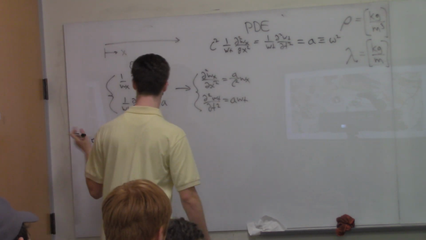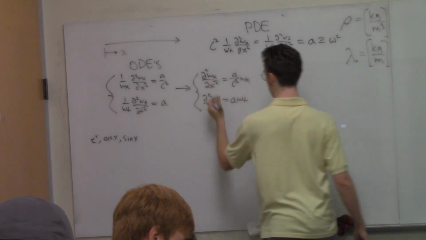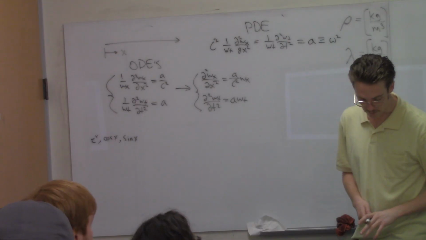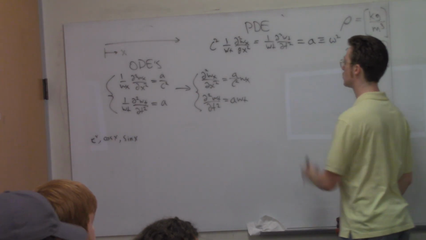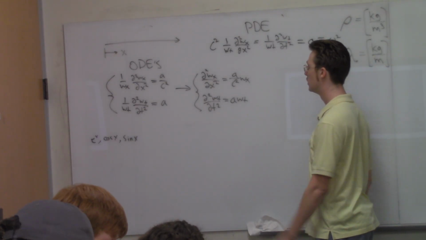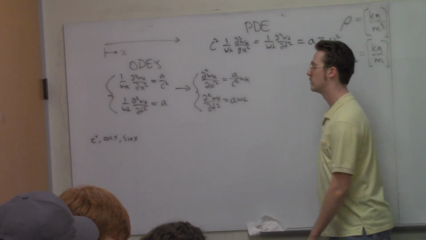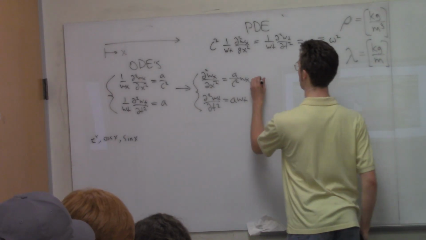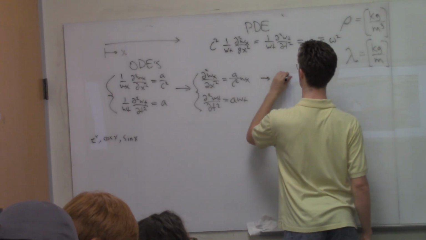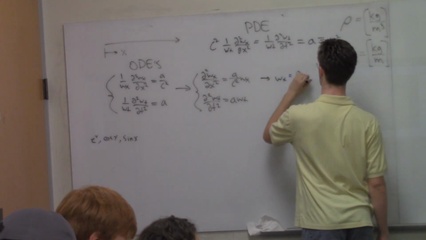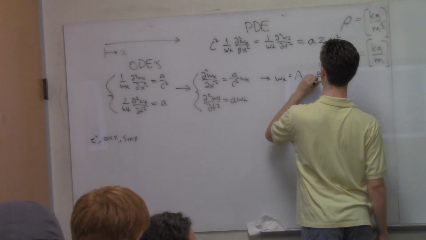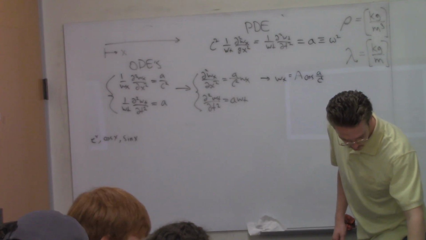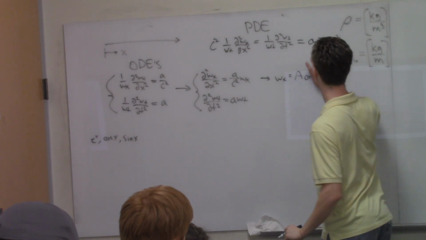X in this case is interchangeable with t because they have the same form but with two different constants of proportionality. Therefore, let's go ahead and solve the space one. We're just going to assume that it's a superposition of sine and cosine, even though exponentials also work. Therefore, we have Wx is equal to a, which is a constant, cosine of... no, excuse me.